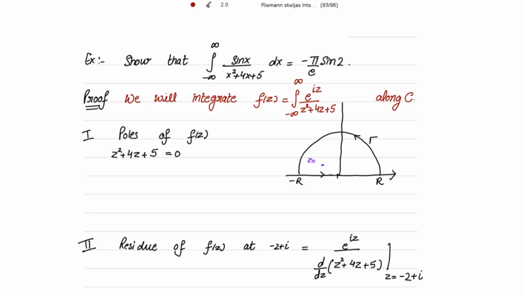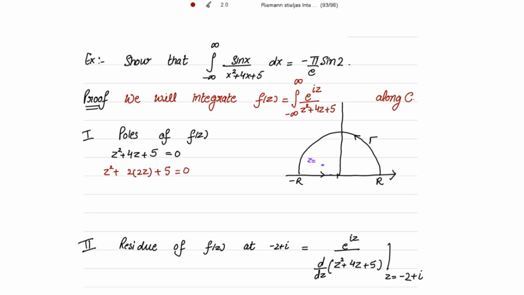Now here it is z squared plus 4z plus 5. If we can't make the factors, then we just need to complete the square. So how to complete the square? Here I have z squared plus 4z. Can I write 4z as twice 2z, plus 5 equal to 0.